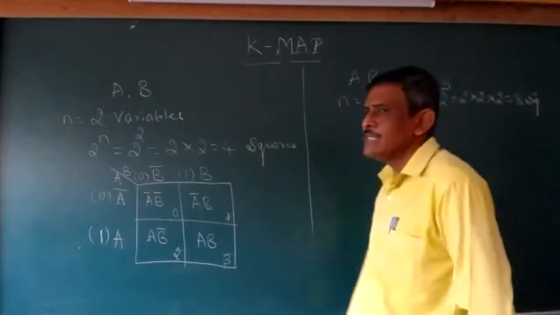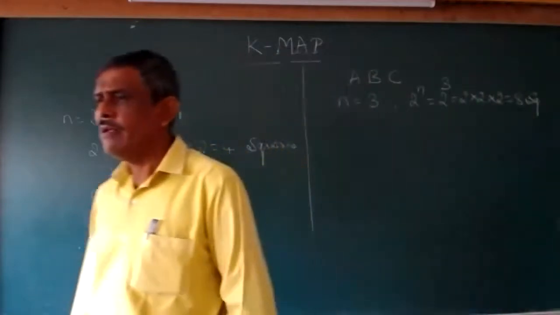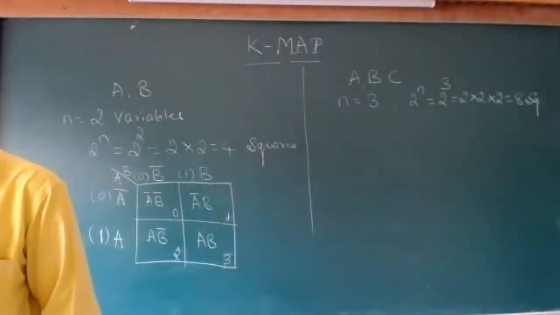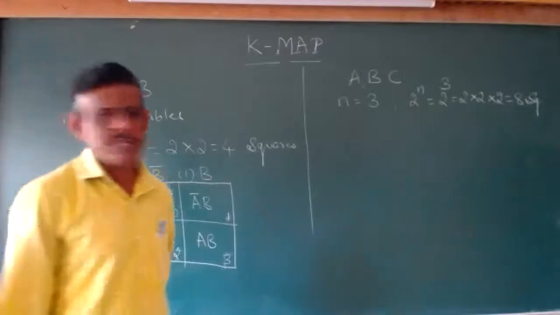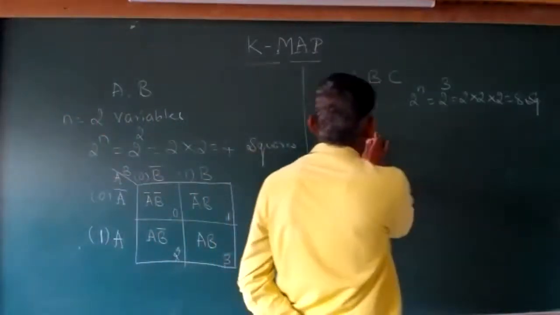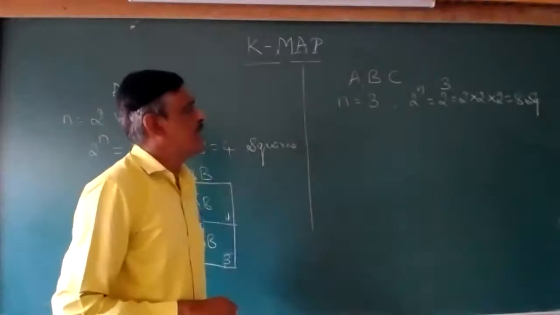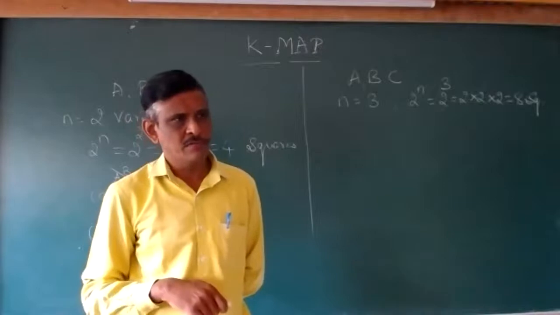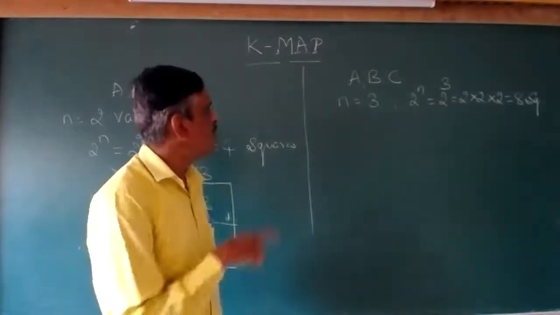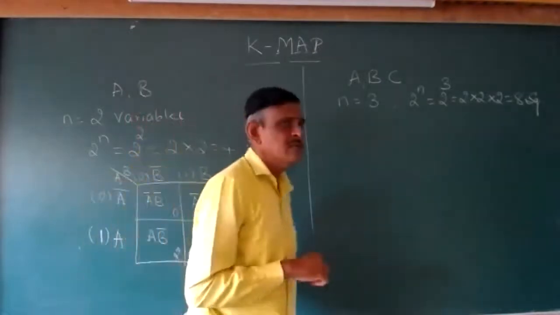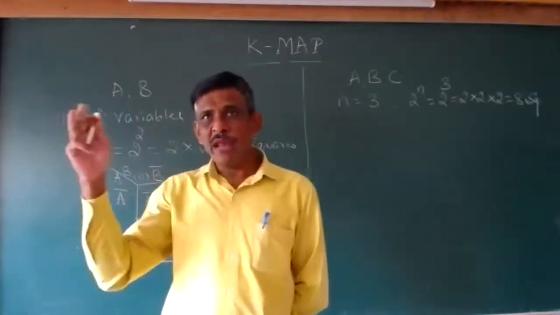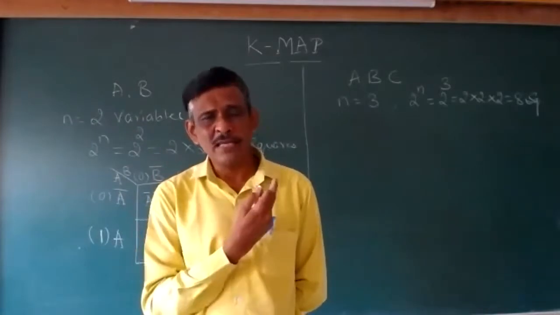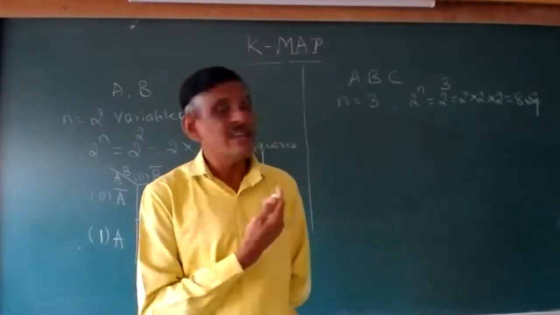Then the next thing is how to prepare a K-map for 8 squares. So the 8 squares K-map is given in a particular format here. You cannot write it as you wish, right? So for 3 variables, you can remember that only 2 rows and 4 columns diagram is required to represent this 3 variable K-map.